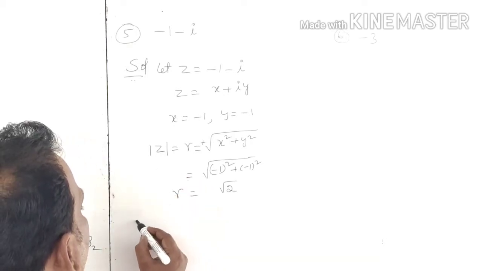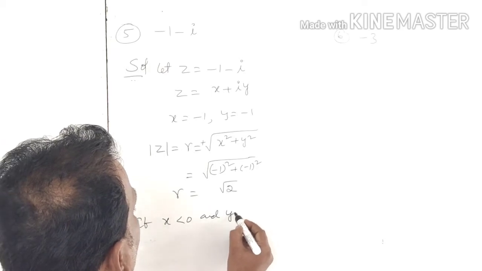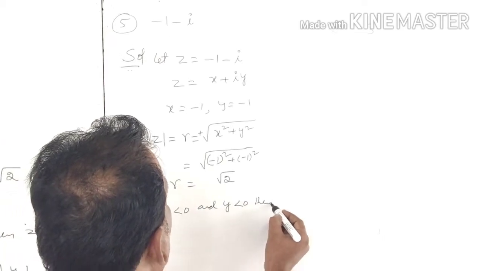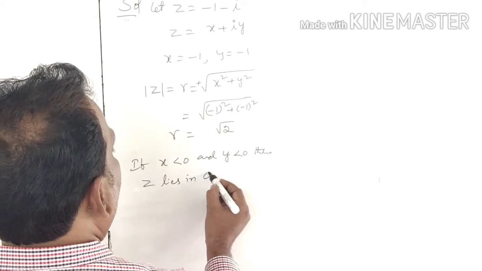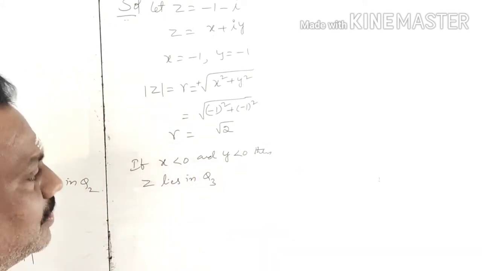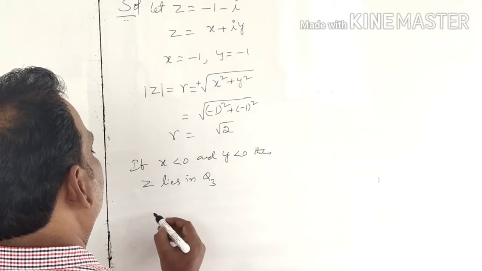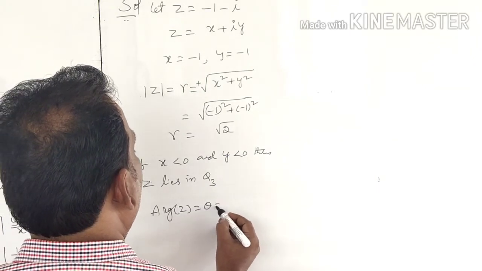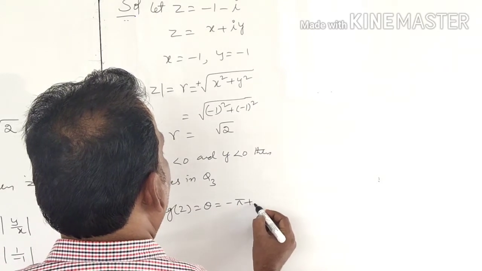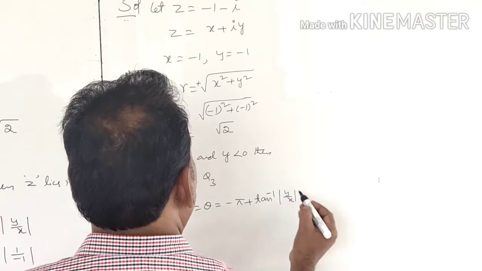See that here if x is less than 0 and y is less than 0, then z lies in third quadrant because both are negatives. X value negative, y value negative. Argument is in third quadrant. What is argument formula in third quadrant? So argument of z, which is equal to theta, is minus pi plus tan inverse of mod y by x.